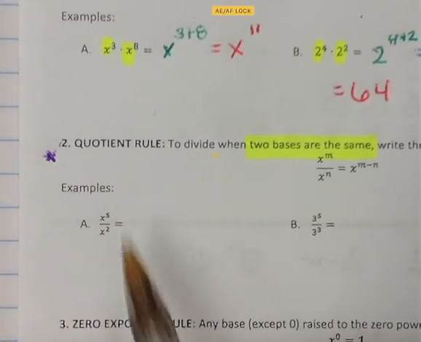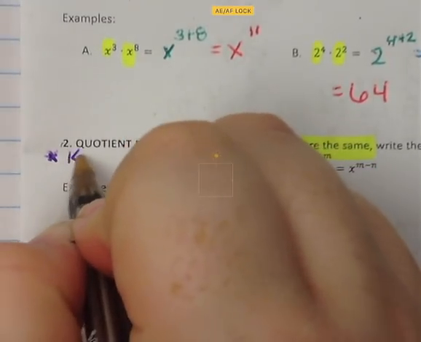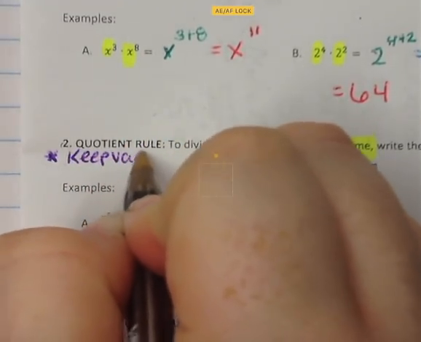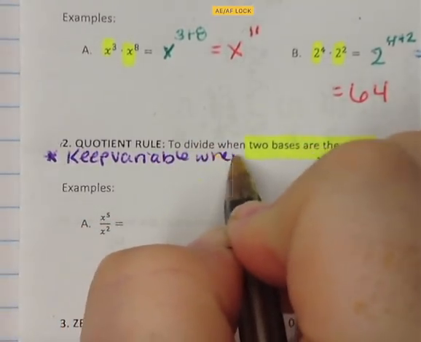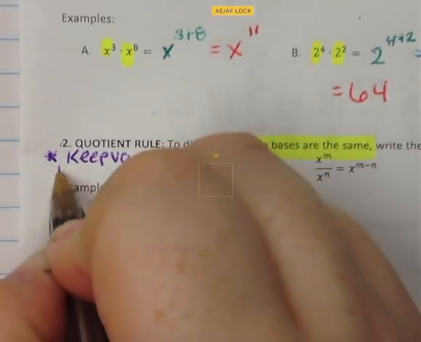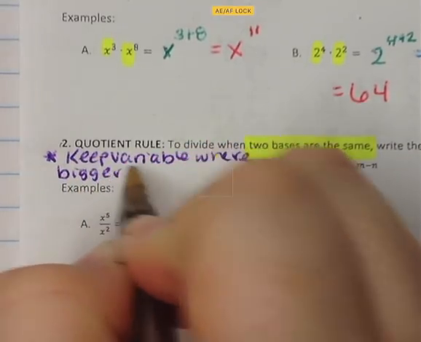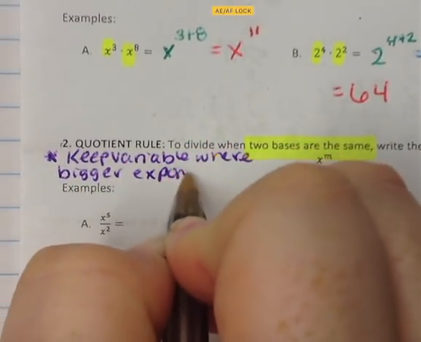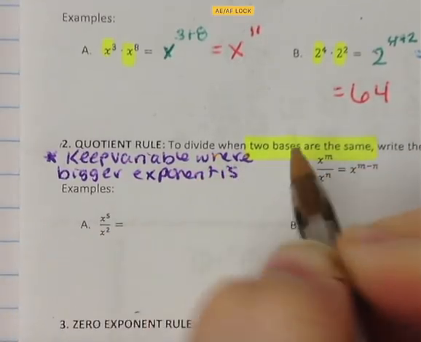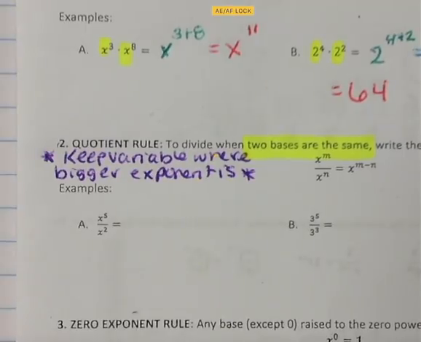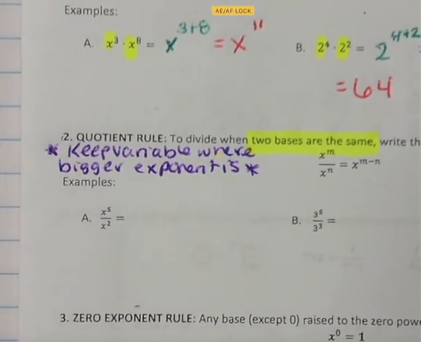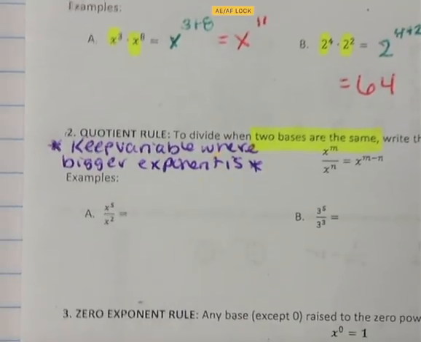So what I like to do is just keep the variable where the bigger exponent is. That will eliminate having negative exponents, and that will actually make it less work for us.